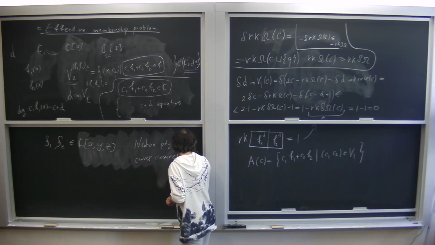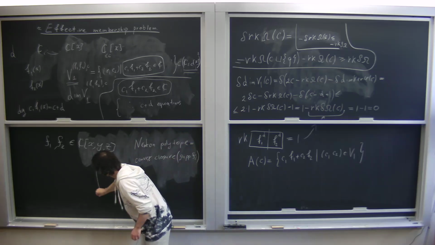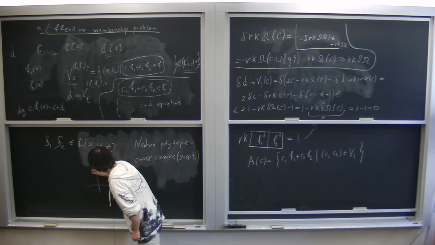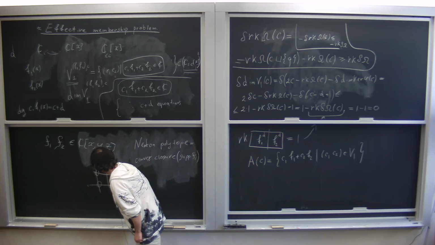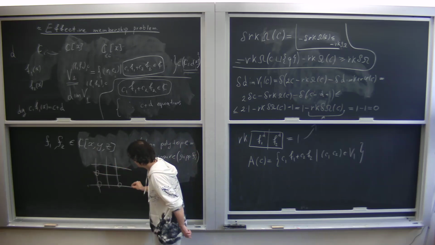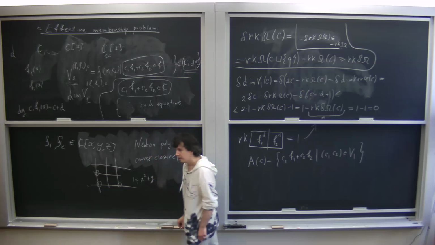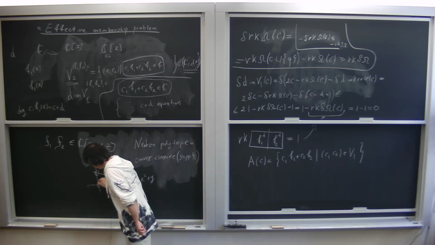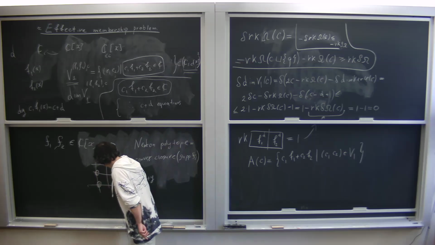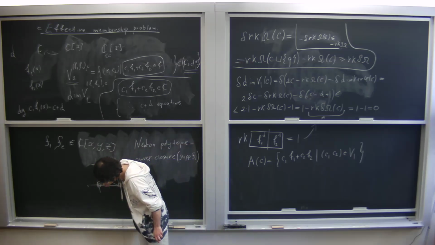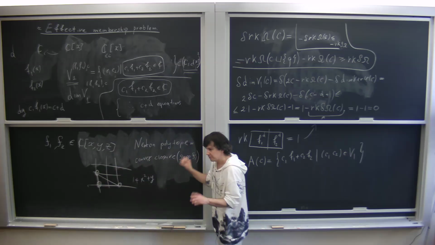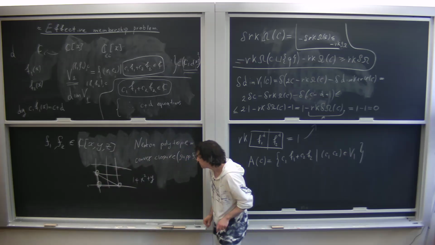So let's say we have a polynomial 1 plus x squared plus y. Its support is going to be the union of these 3 points, and its Newton polytope is going to be this triangle. The same is going to be for higher dimensions.